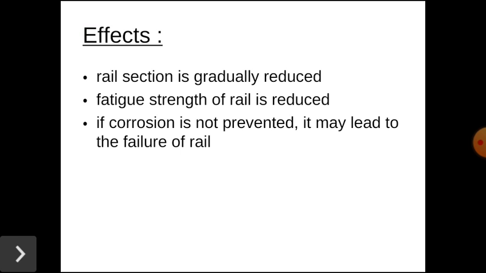The major effect is that the rail section gradually reduces, and also the fatigue strength reduces. If the corrosion is not prevented, it may lead to the failure of rail. So these are the effects.